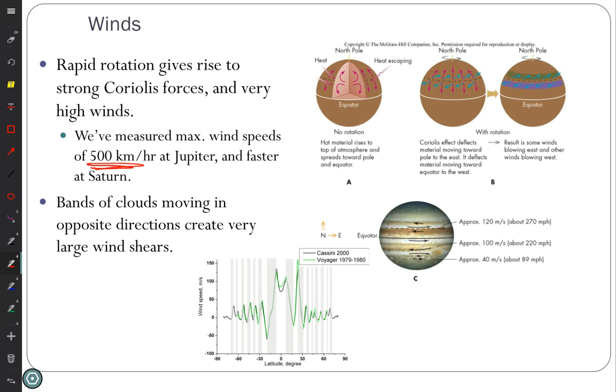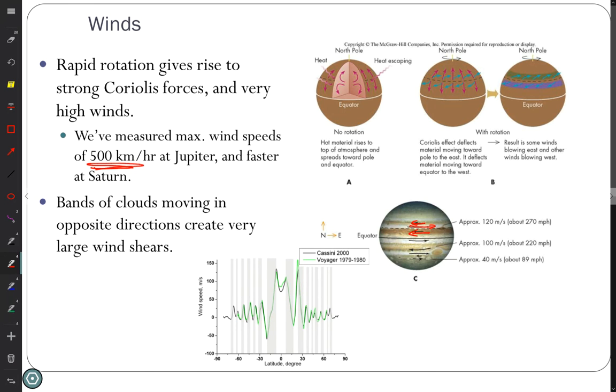But those Coriolis effects occur more than they occur on Earth because we don't have the general hot to cold. And so what we have is storm fronts that are created on Jupiter and Saturn that are essentially circling the entire planet. We have winds, and you see we have wind speeds that alternate directions.